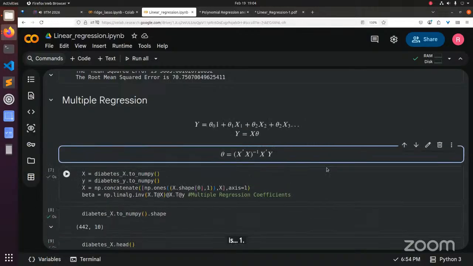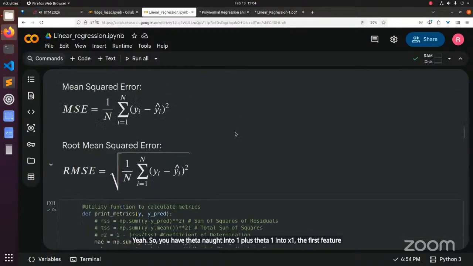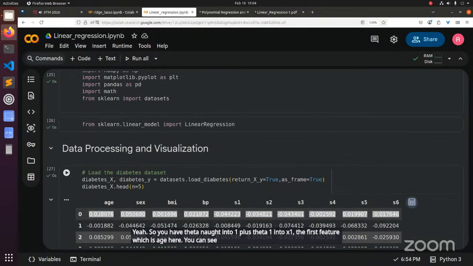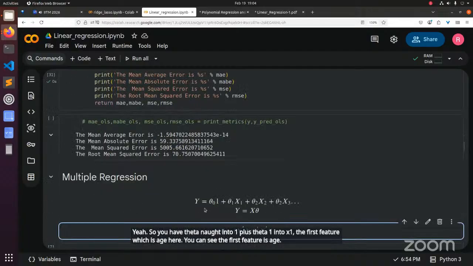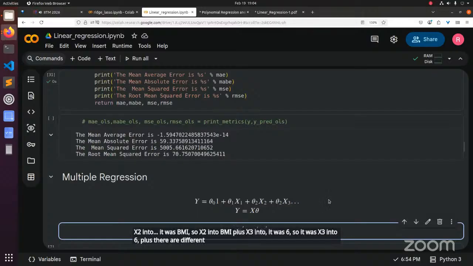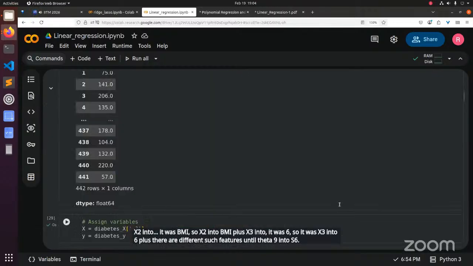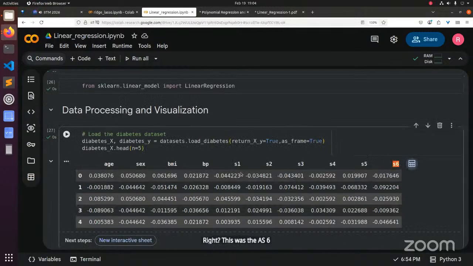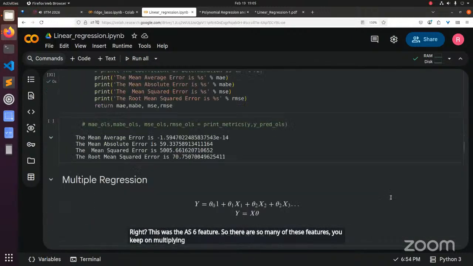So you have theta naught into 1 plus theta 1 into x1, the first feature, which is age. Then theta 2 into x2, BMI, plus theta 3 into x3, sex. Plus there are different such features until theta 9 into S6. This was the S6 feature. So there are so many of these features, and you keep on multiplying theta for each of these features.